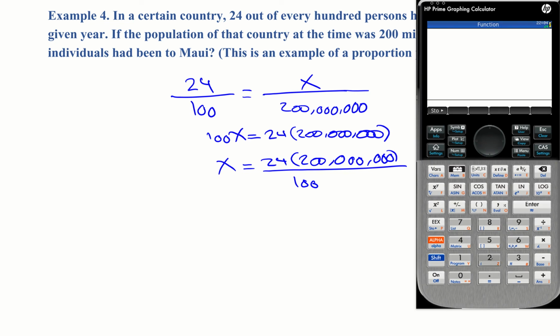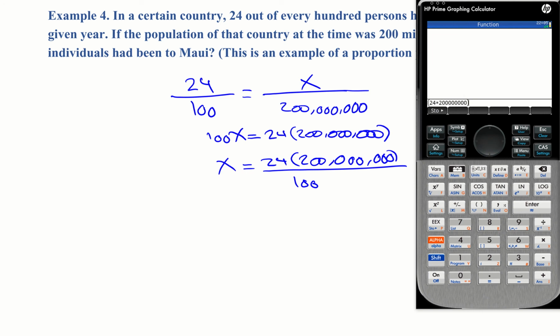Okay, so we just need to type in 24 times, actually let me go ahead and put the entire numerator in some parentheses. So 24 times 200 million, that's 2, 4, 6, 8.